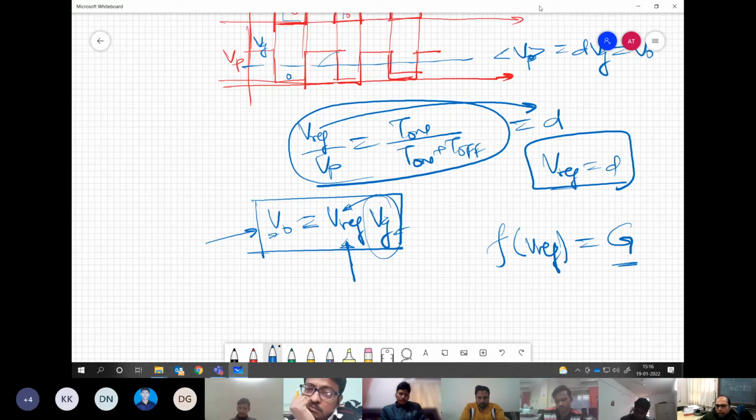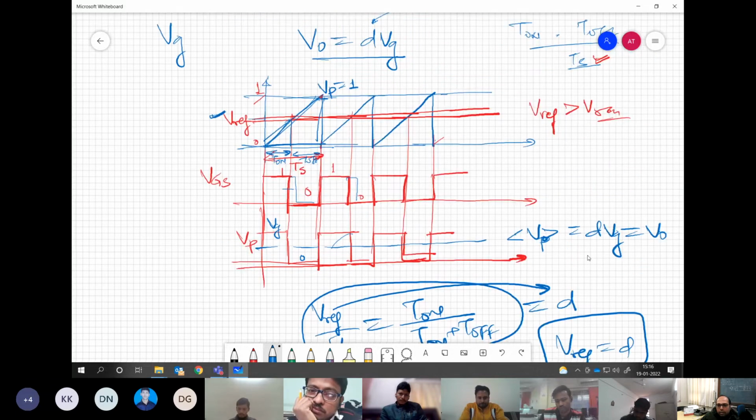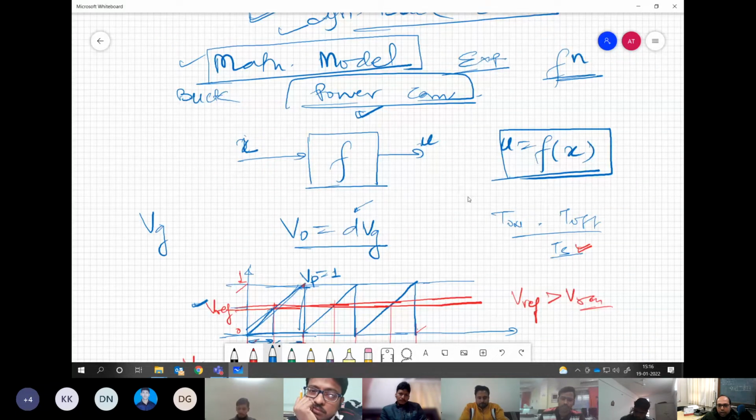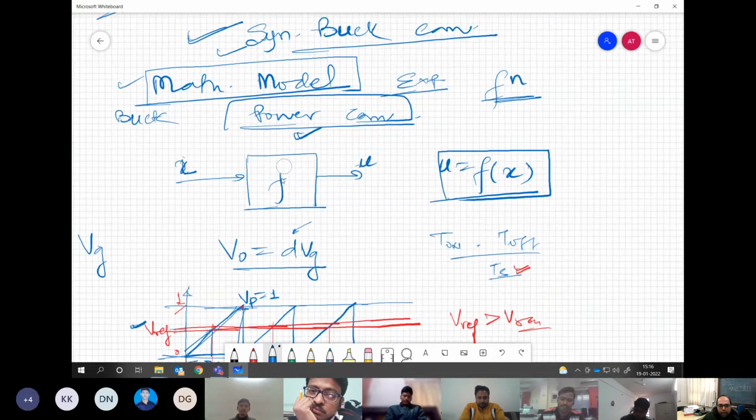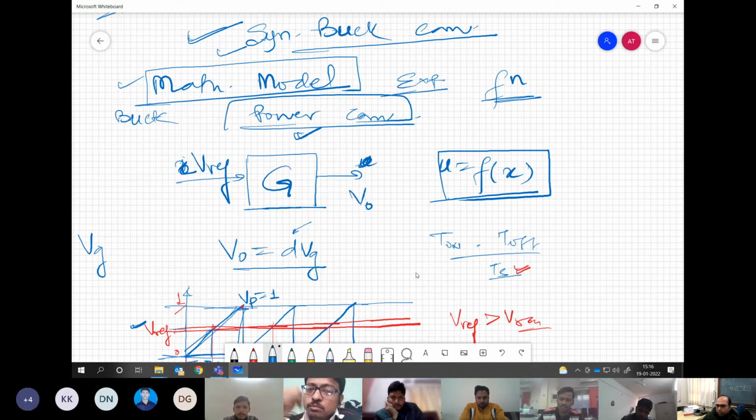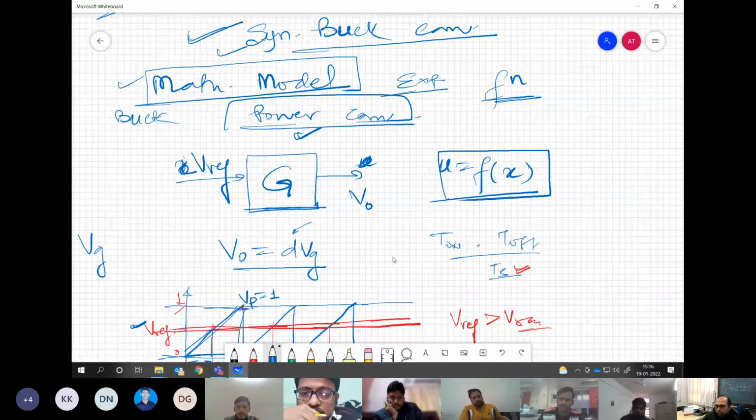So the block I have drawn for the power converter modeling, I can simply write again as G, and I give Vref, and what I get as output is VO. So I am able to model this mathematically. You understand this point? So what is the value of G over here?